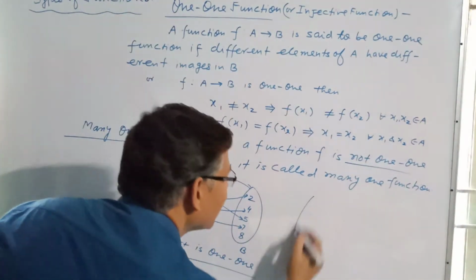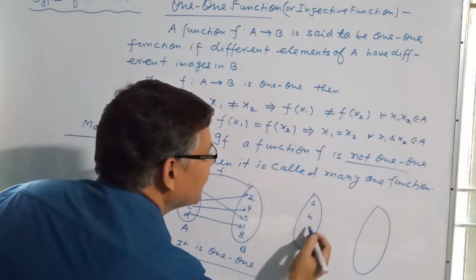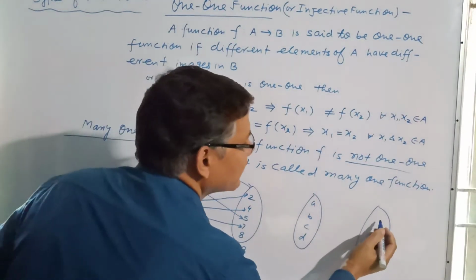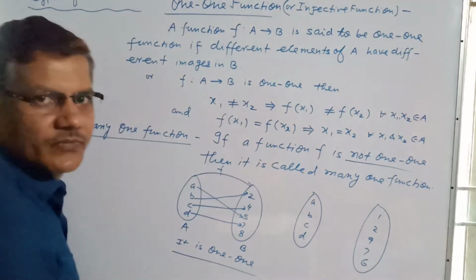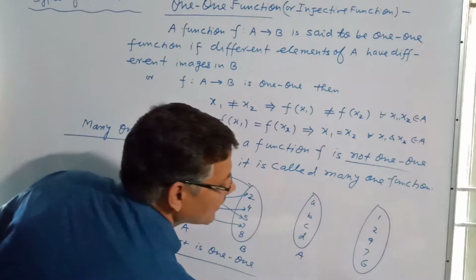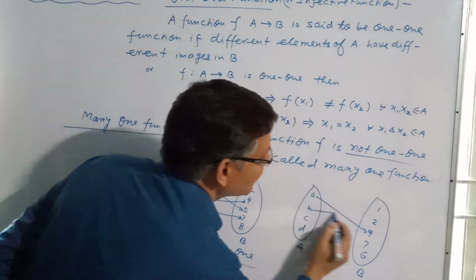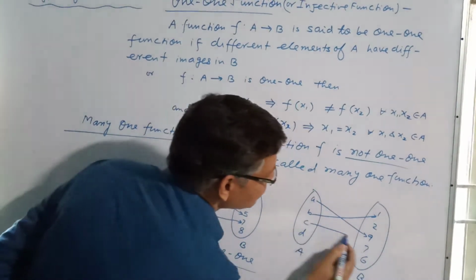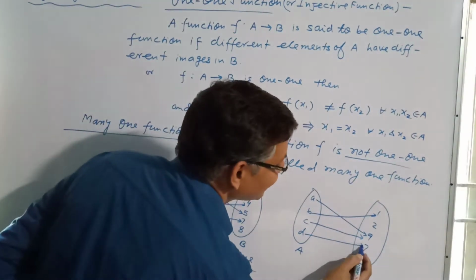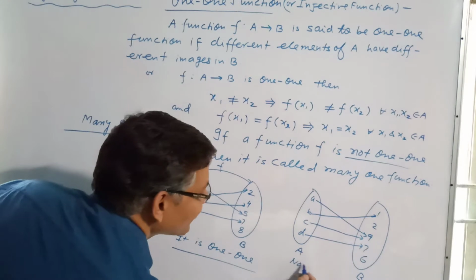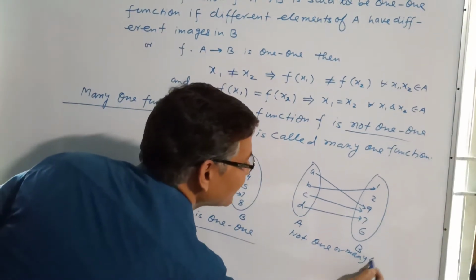At the same time, if I take an example of the function with a, b, c and d in set A, and 1, 2, 9, 7, 6 in set B, if the image of a is 9, image of b is 1, image of c is also 9 and image of d is 7, then it is called not one-one, or we can say it is many-one.